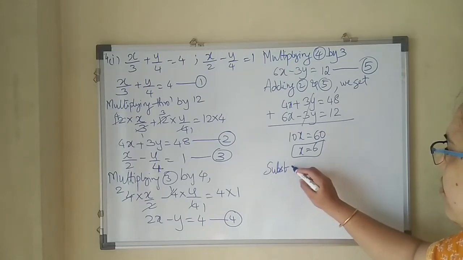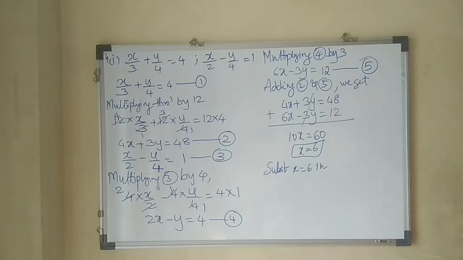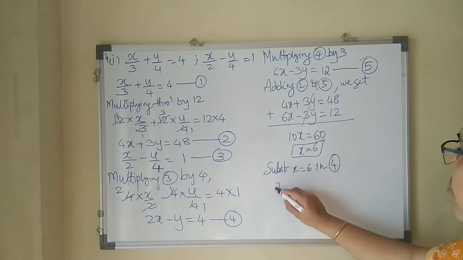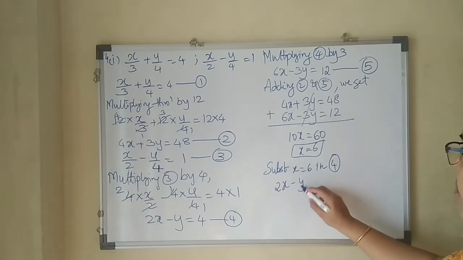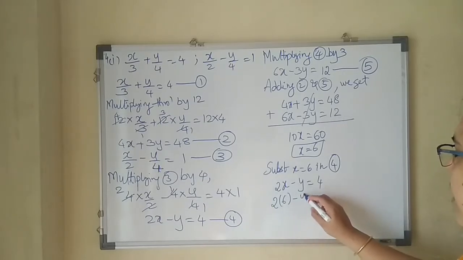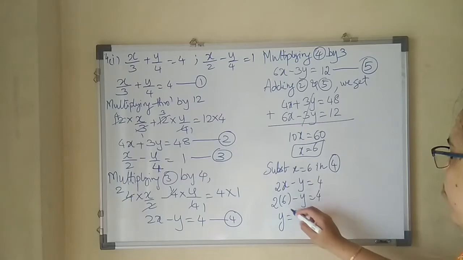Substituting x equals 6, in which equation can we substitute this? Which is the easier one? Equation 4. So 2x minus y equals 4. 2 into 6 minus y equals 4. So y equals 12 minus 4.